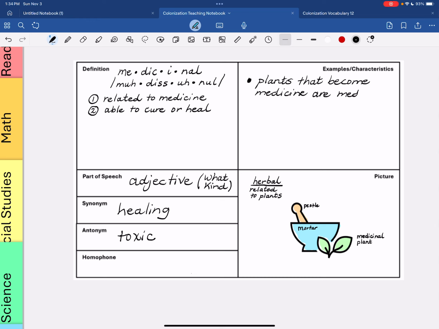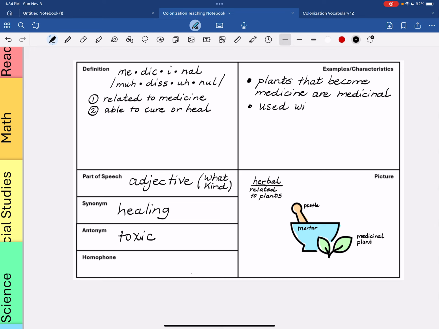Patients with heart problems may take a form of digitalis. That is a plant-derived medicine. In the wrong doses, though, that same medicine can kill you. It can be toxic. So medicinal plants must be used with caution.